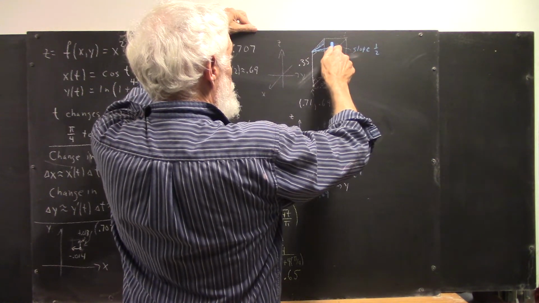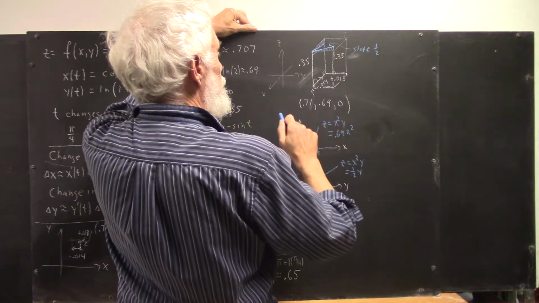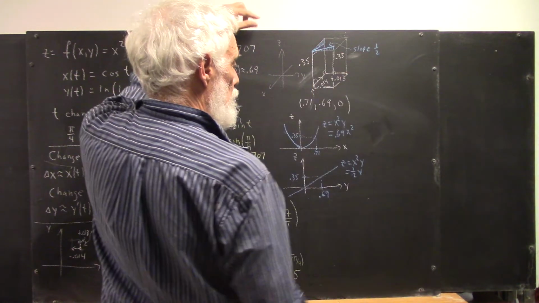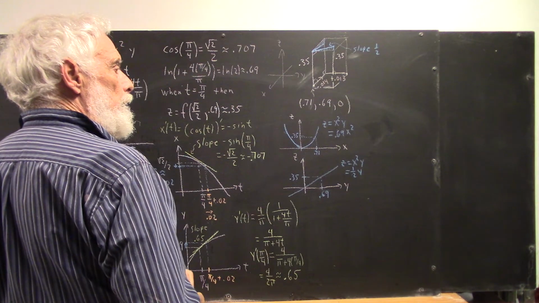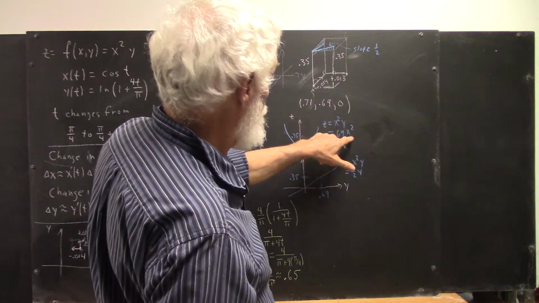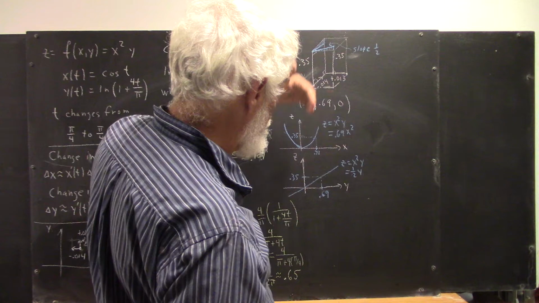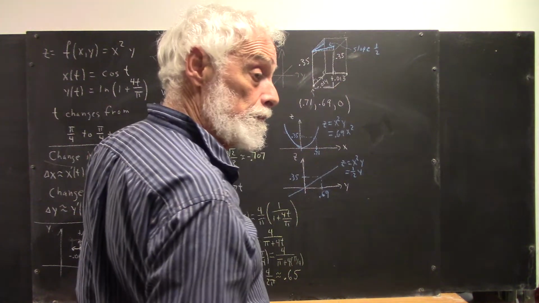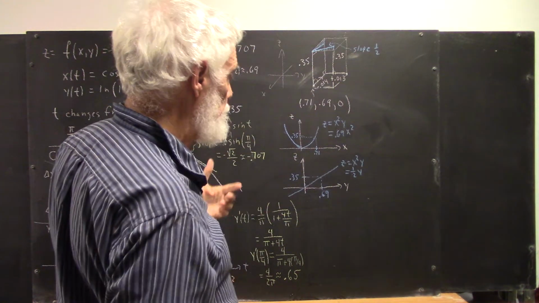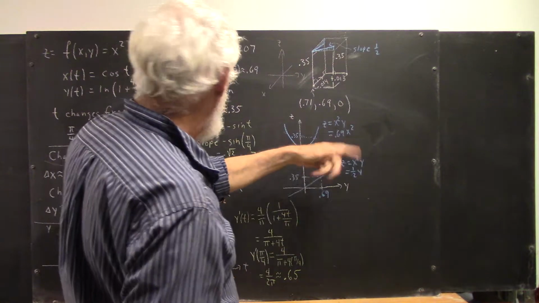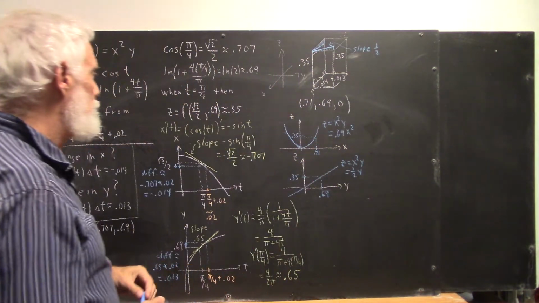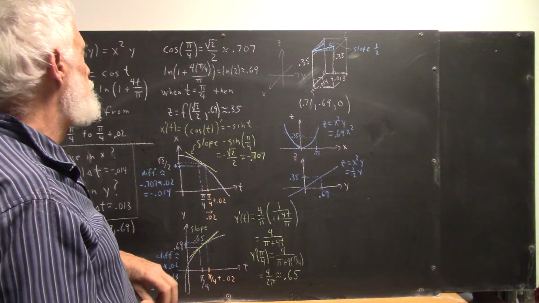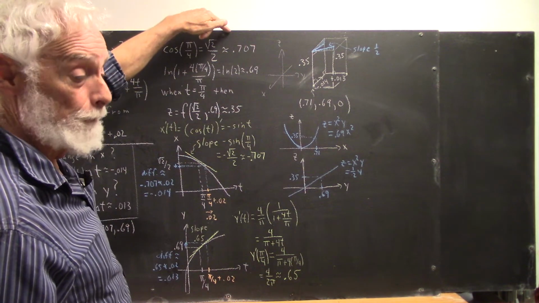So over here we have a slope of 1/2, and here we have a slope of what? Well, the derivative of this is 0.69 times 2x, and 0.69 times 2 times 0.71 is equal to the slope we get here.